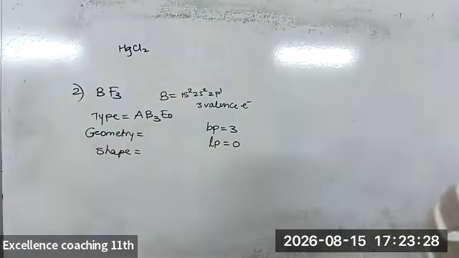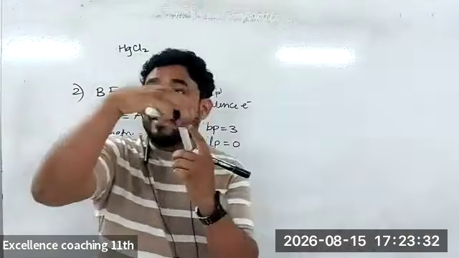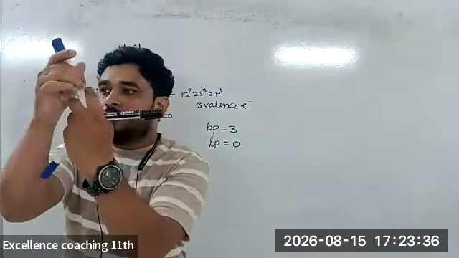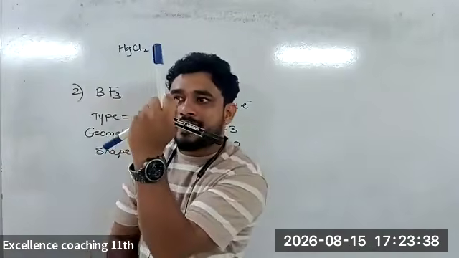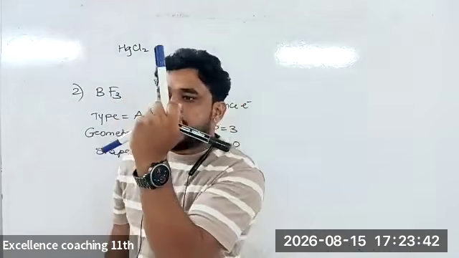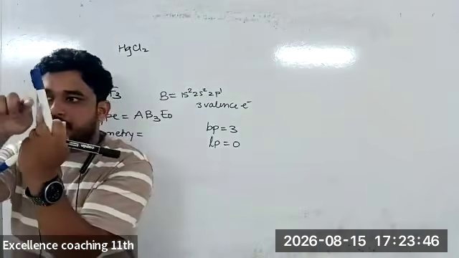Now I have to arrange the 3 bond pairs in such a way that the repulsion between them is minimum. What should be the distance between these two?